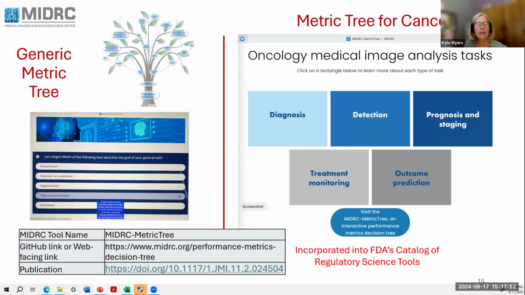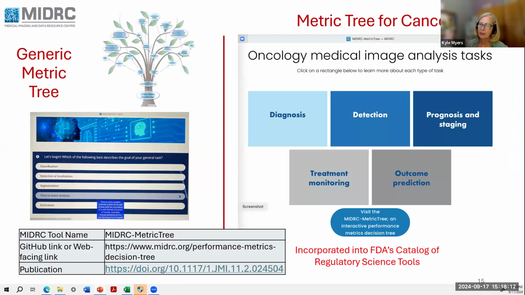Here's another tool that is finding a fair amount of use now within MIDRC and externally, and that is the metric tree that we developed. This is a tool for walking you through a set of questions around what sort of algorithm you're intending to develop for what kind of task.